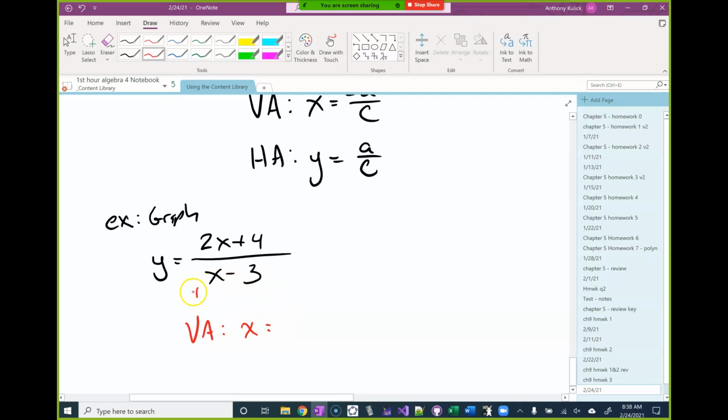So the vertical asymptote is going to be negative of negative 3 over 1, or just 3. For the horizontal asymptote, my a is 2, so that's just going to be 2 over 1, or 2. Is that okay with you guys?